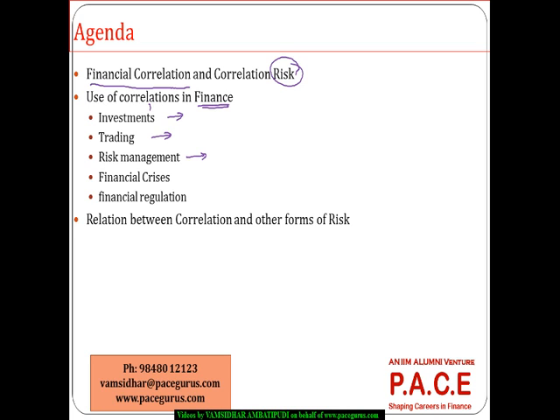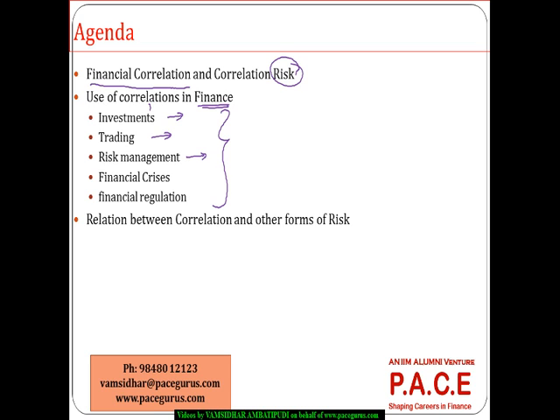The recent financial crisis can very well be attributed to correlation, and even the regulators are mentioning the word financial correlation as a part of their regulatory requirement. So all these, where all it is used and in what context, is something which we will look at.